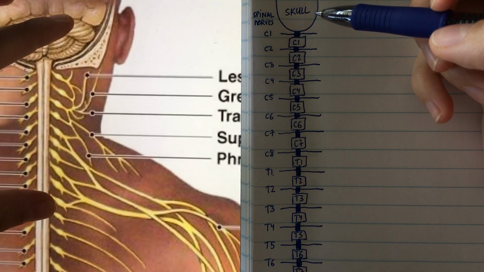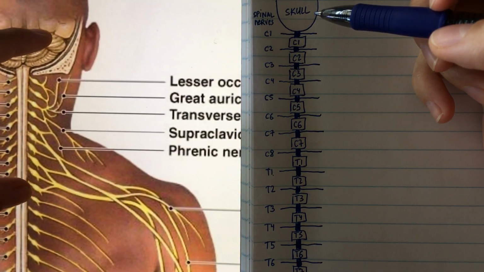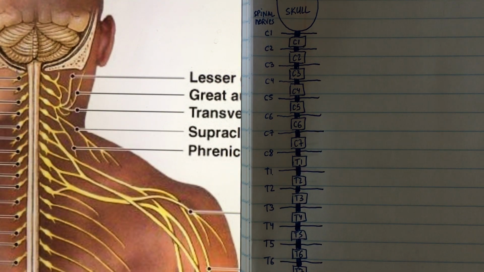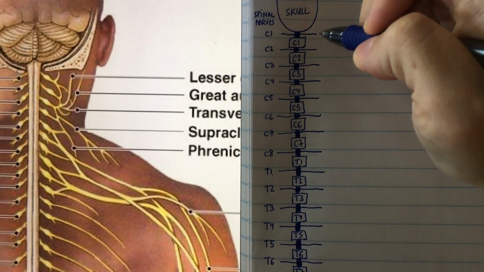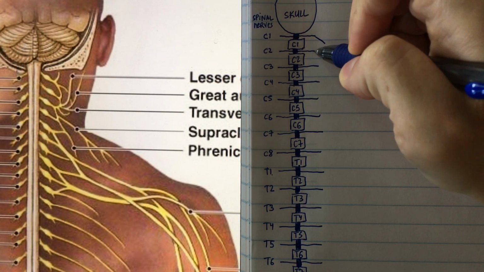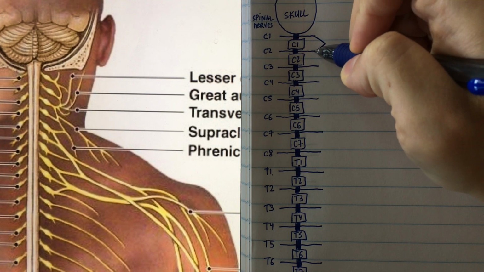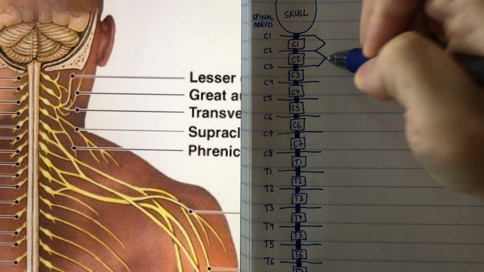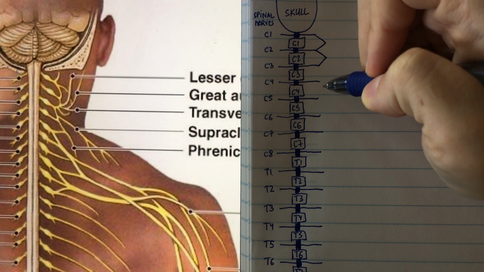I'm going to zoom in on it right here. Okay, and it's kind of like if these nerves C1, C2, they kind of like connected to each other, sort of like this.